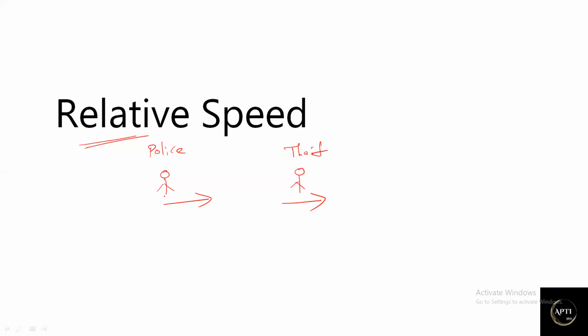So when two objects are in motion, the speed of one particular object with respect to the speed of the other object, either it may be objects or persons or any things, we can consider it in different ways. But it's very important for you to know that we have two different speeds.